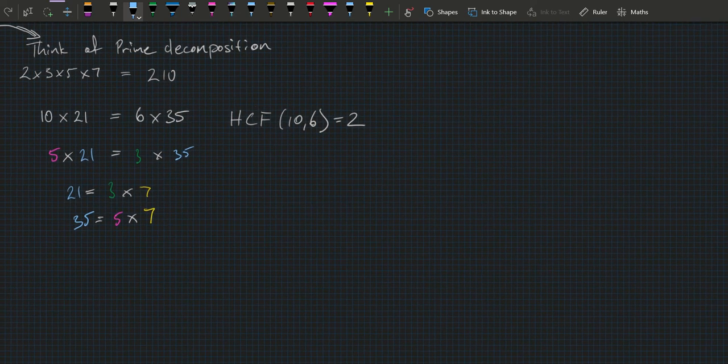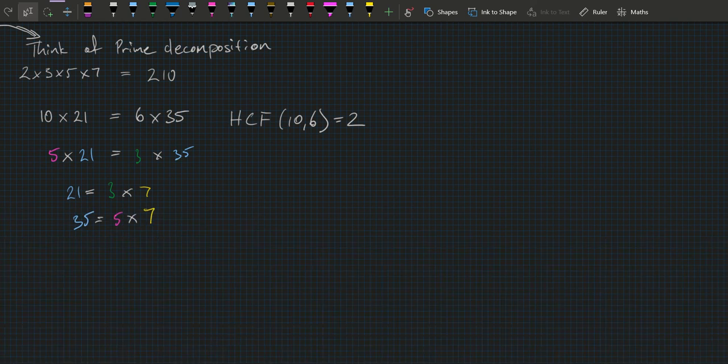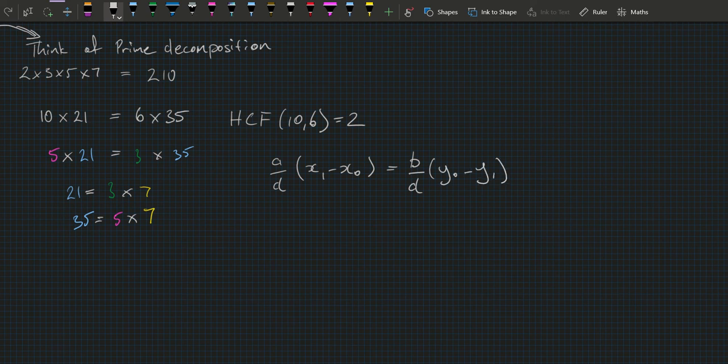Okay, so maybe I can zoom up a little bit. It should be clear at this stage that if I was to now think of that in regards to what we're working with, if we had A on D times x1 minus x0 equals B on D times y0 minus y1, because we ended up dividing out the highest common factor, there's no common factors between 3 and 5.